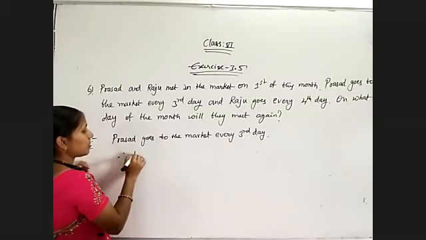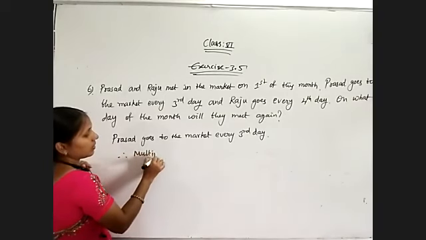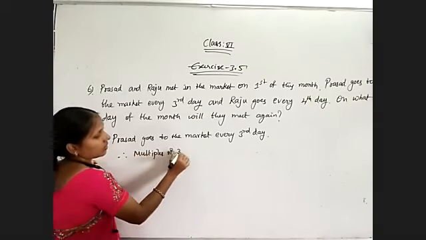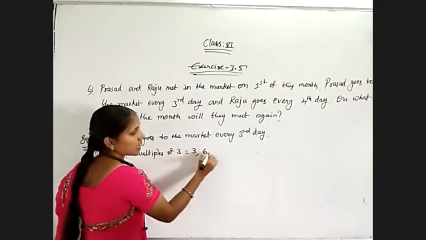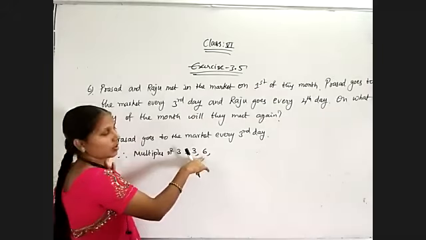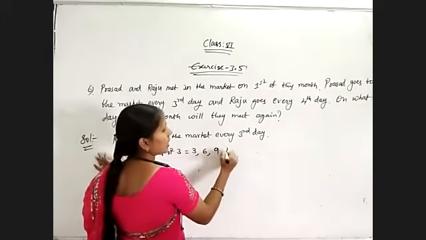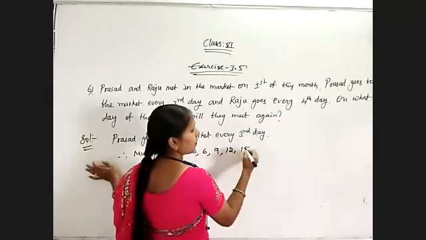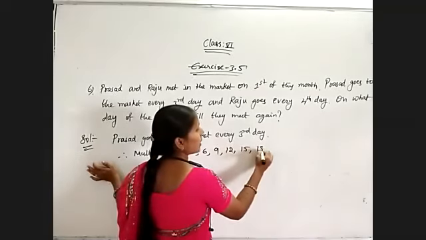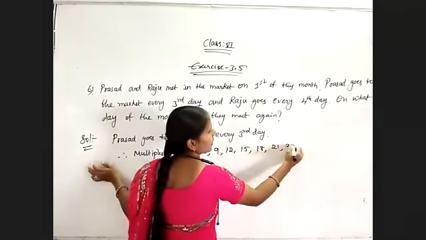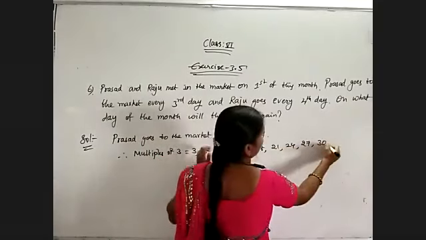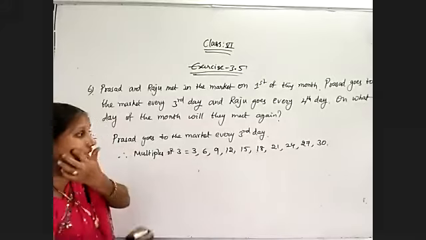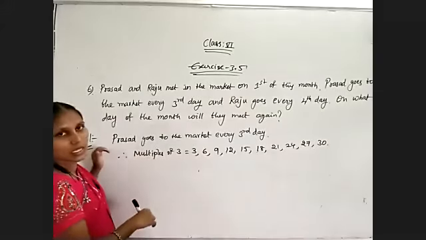Therefore, multiples of 3: 3 ones are 3, and next 3 twos are 6. On the 6th day he will go to the market. 3 threes are 9, 3 fours are 12, 3 fives are 15, okay, 18, 21, 24, 27 and 30. Only 30 days now, so till 30 we have to write.